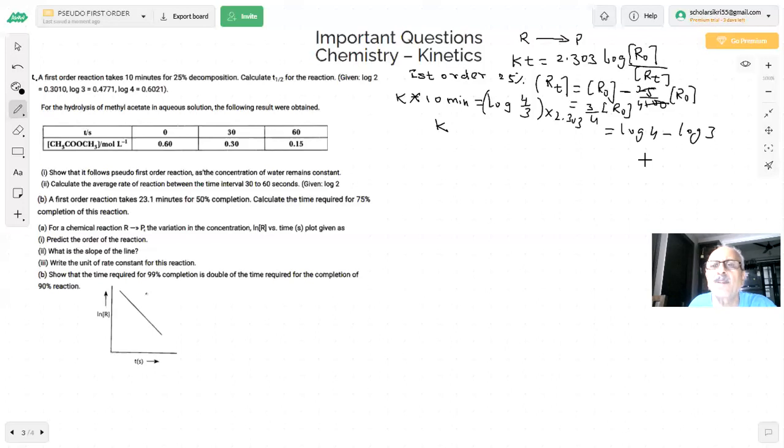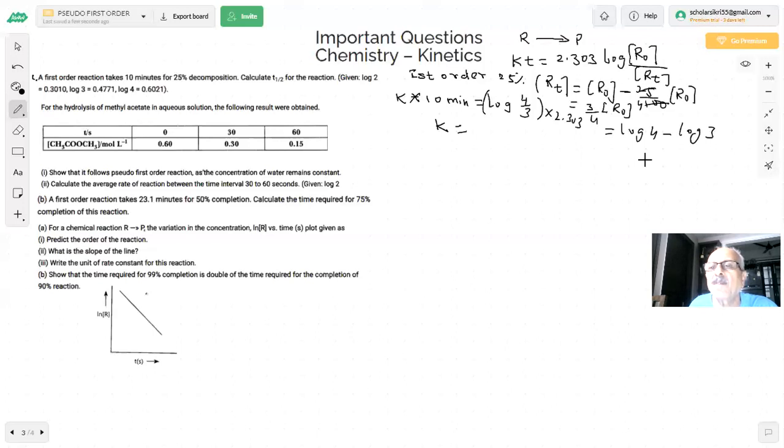Yes, you got it? Important question. So how much is k coming? Log 4 is given, log 3 is given, and multiply by 2.303, divide by 10 minutes, and we get the value of k.